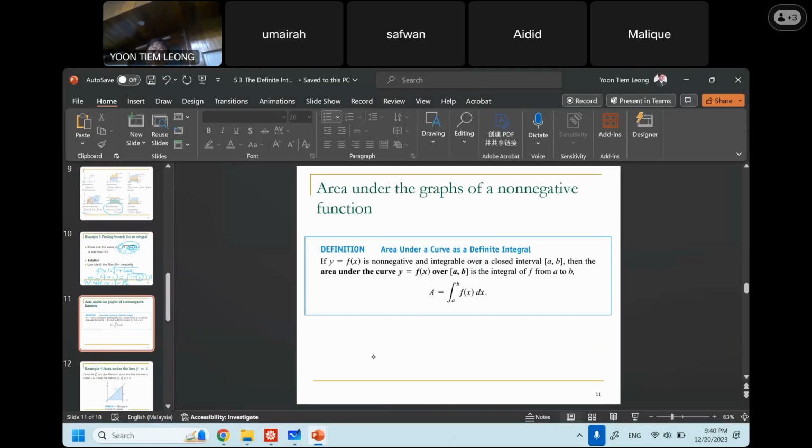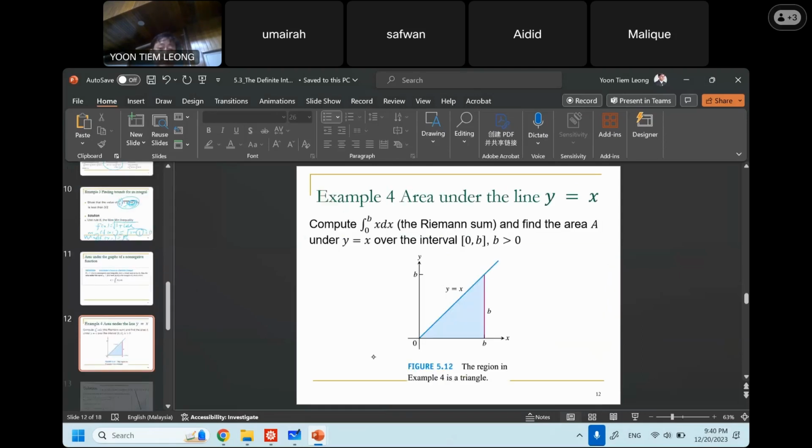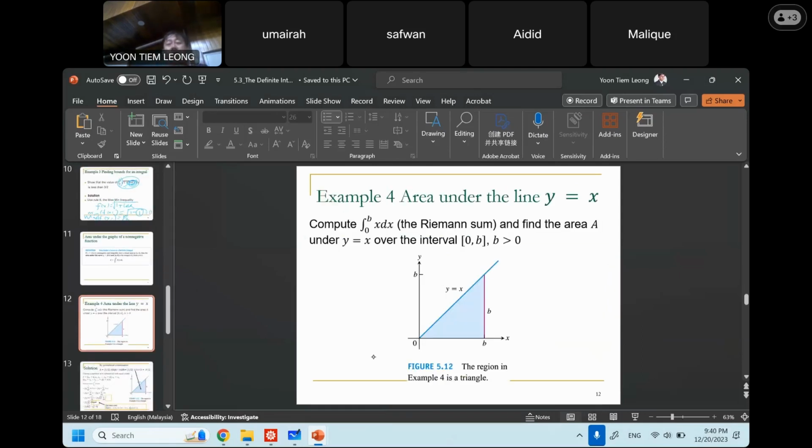As I mentioned earlier, if the function is positive within that interval, then the definite integral would represent the area under the curve of the function. For example, here we have a function y equals x, and between 0 and b, the definite integral from 0 to b of the function y equals the area under the curve.